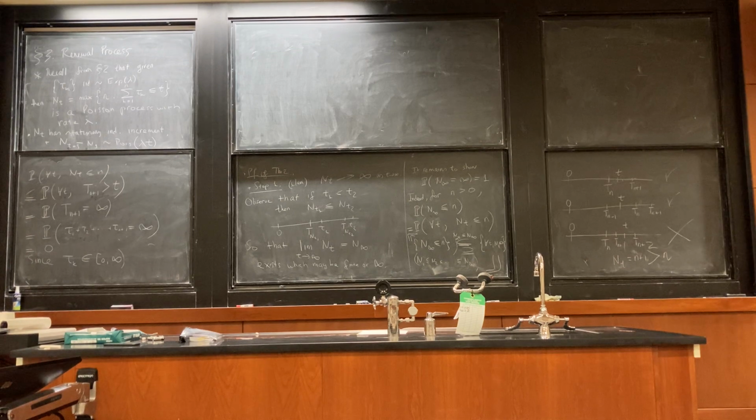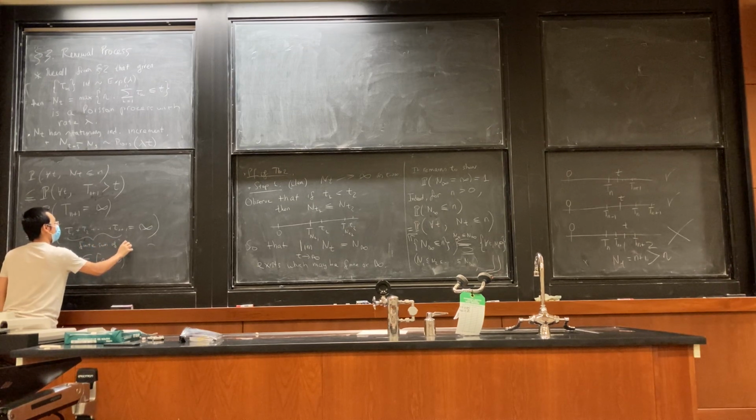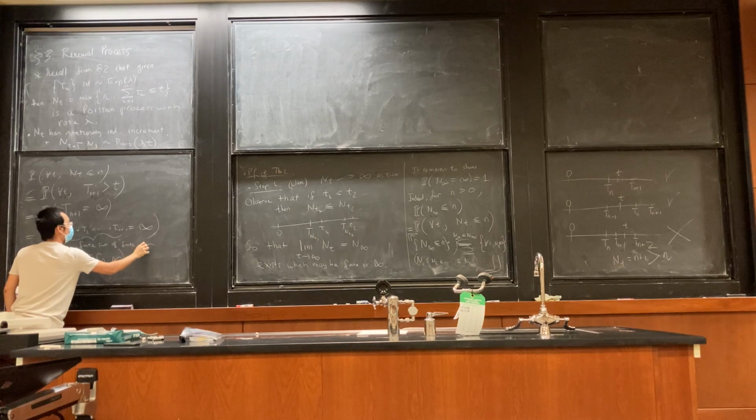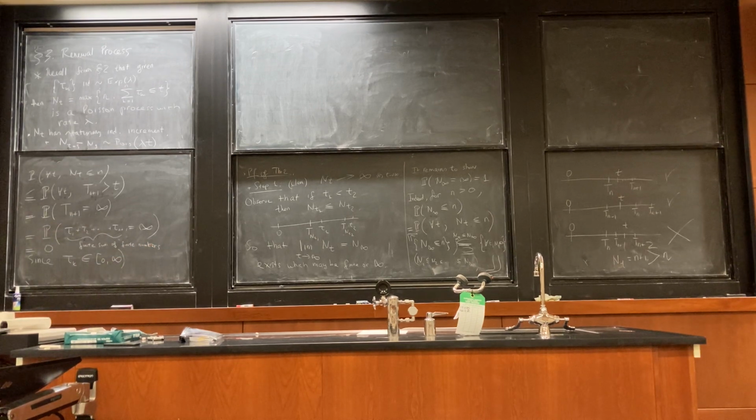But here, I have a finite sum of finite numbers. Finite sum, finite number. And so the probability of being infinite has to be 0.